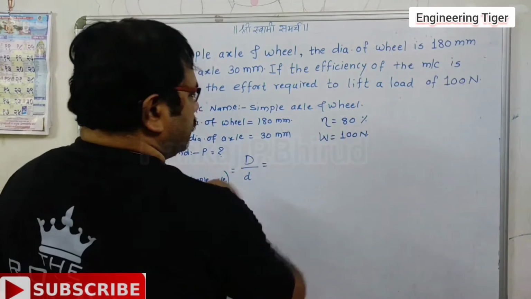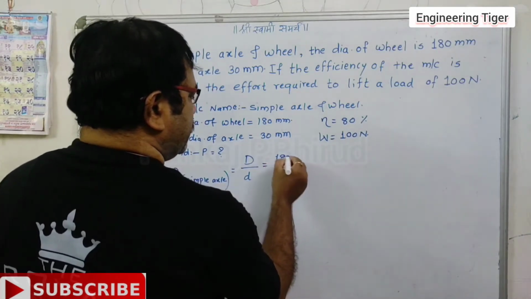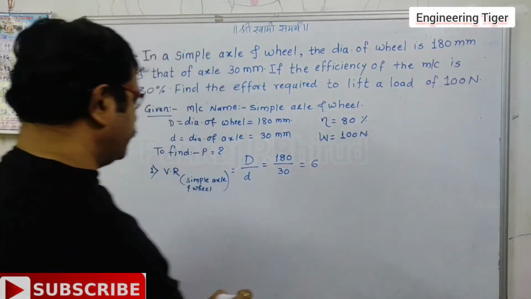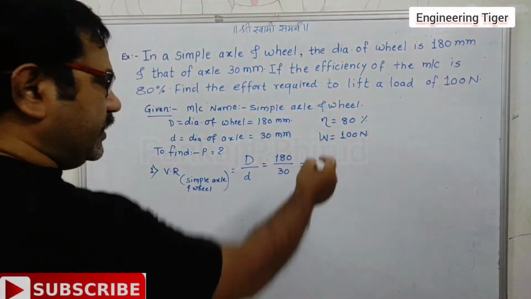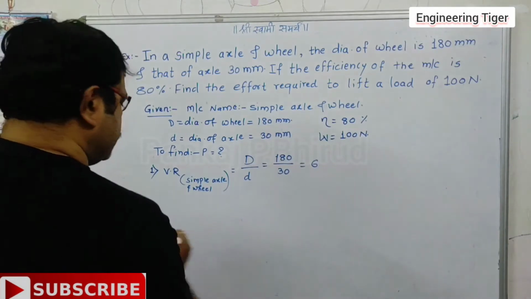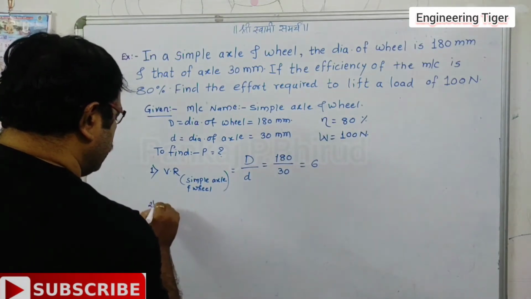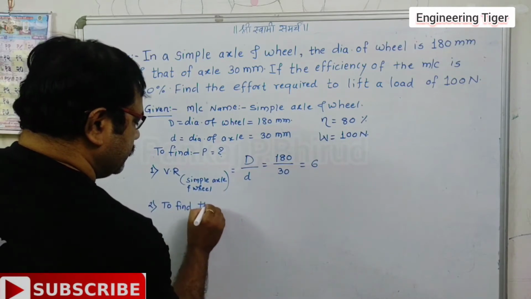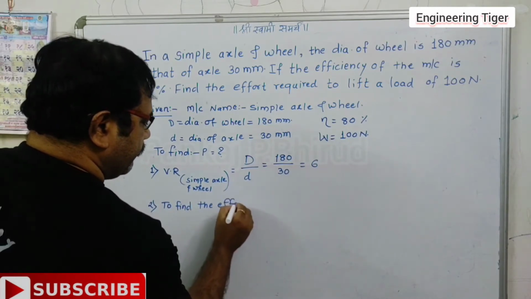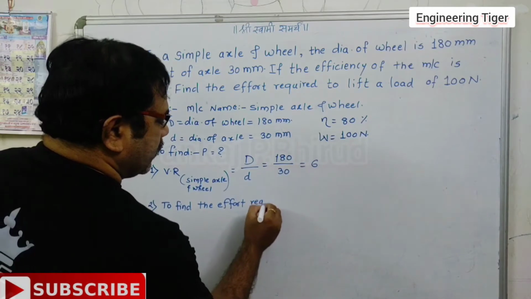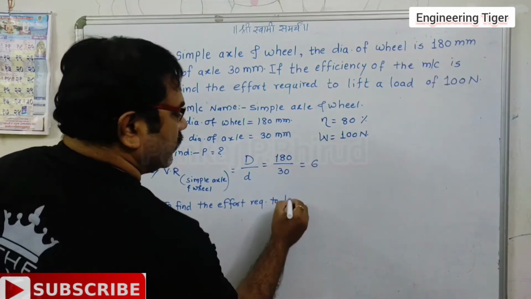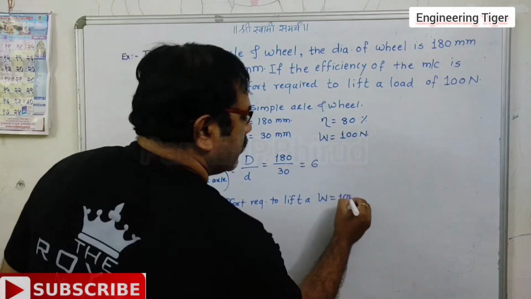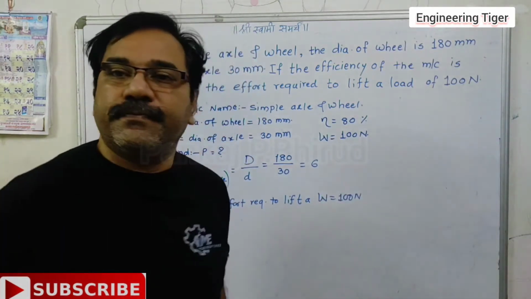So it is 180 by 30, so we'll get 6. Unitless, VR is equal to 6. So second, to find the effort required to lift a load equal to 100 Newton.